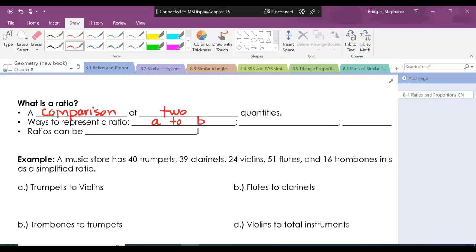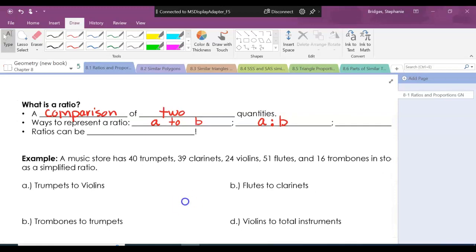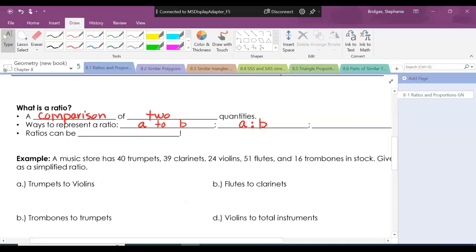Another way we can do it is we can do the number A and then a colon and B. And then the third way you can do it is as a fraction. So A over B. And that's usually the way that I do it, okay? When I write ratios, I tend to do it as a fraction just because that's the way I've always done it, okay? Any of those would work.